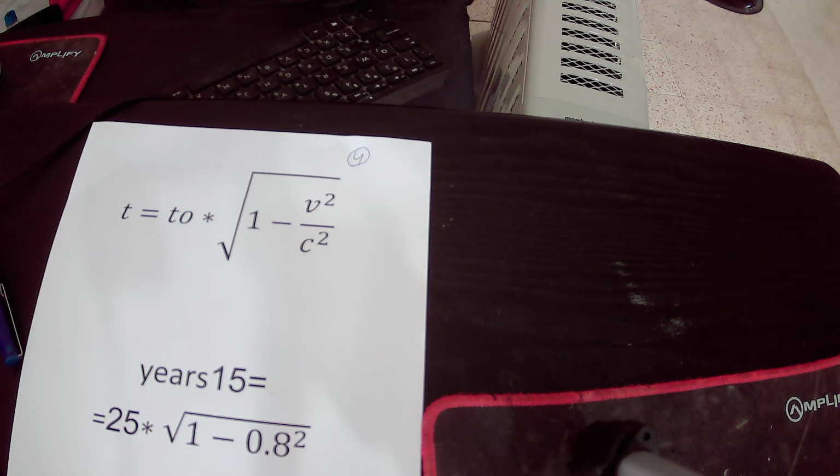That is because the rate of time flow in the spaceship that travels at very high speed is slower than the rate of time flow on Earth. That is the reason that the total time that has passed in the spaceship is less than the time that has passed on Earth, okay?